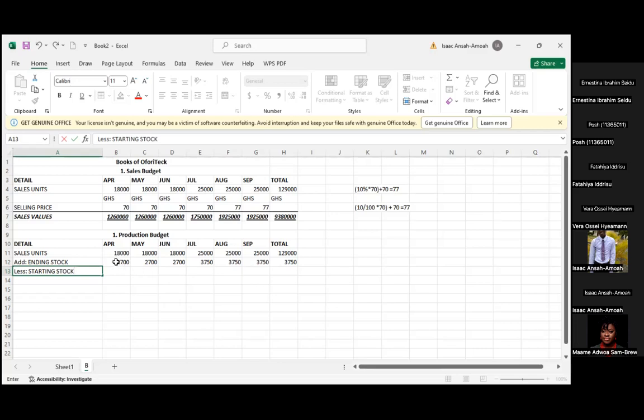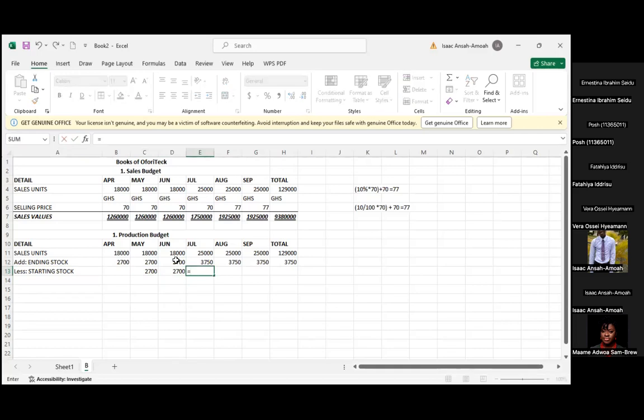So ending stock of April becomes the starting stock of May. Ending stock of April, 2,700, becomes the starting stock of May. Ending stock of May becomes the starting stock of June. In that order, ending stock of June becomes the starting stock of July.